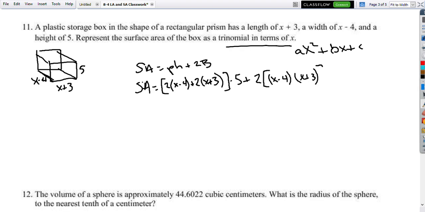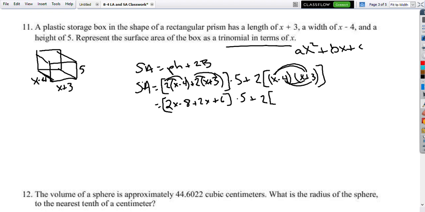So we're going to have to do some distributing here. So this should be pretty easy. We can distribute the 2 through and then combine like terms here. So this is 2x minus 8 plus 2x plus 6, that guy, times 5, plus 2 times, and when we distribute, remember we're doing first, outer, inner, last, we're just doing a rainbow.